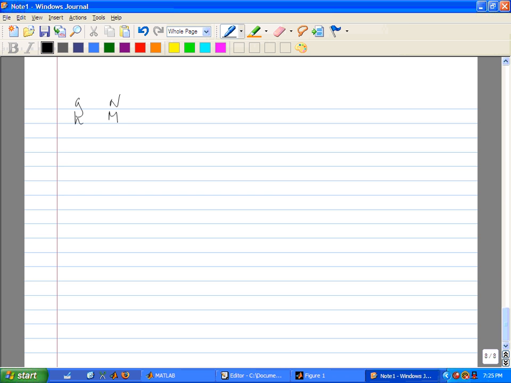So how many zeros should you pad each one? How many zeros should I pad G? Exactly. So this will get padded by m minus 1, and this will get padded by n minus 1.